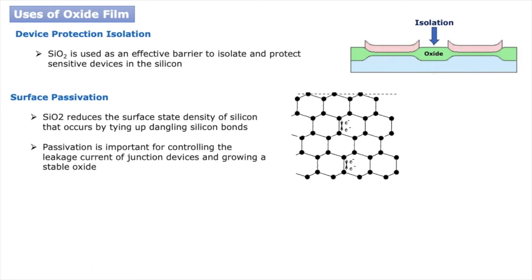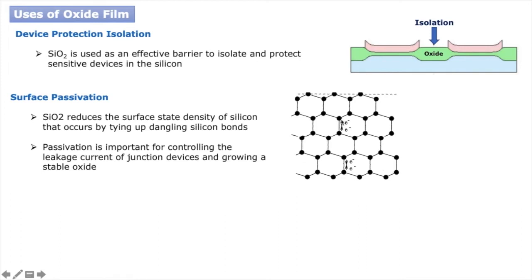If you look at the silicon crystal structure, these dots are silicon atoms, and they are connected by covalent bonds. A covalent bond means one electron from this silicon atom is shared with one electron from the other, so each bond has two electrons shared from both atoms.